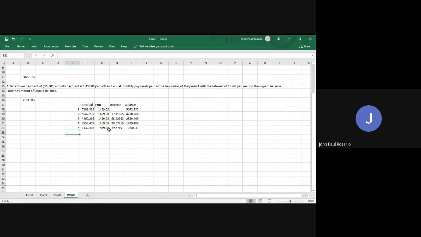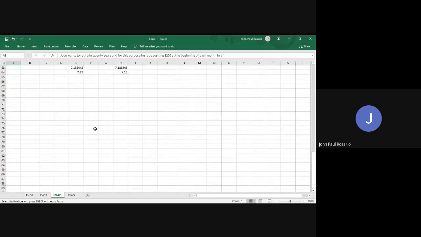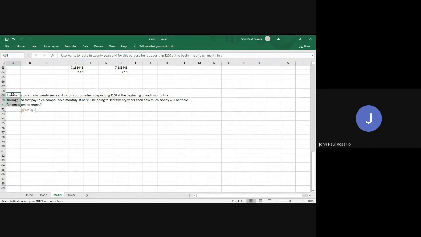So from something you get from nothing, while for future value we place it at the end. We count its periods, so for 5 months.